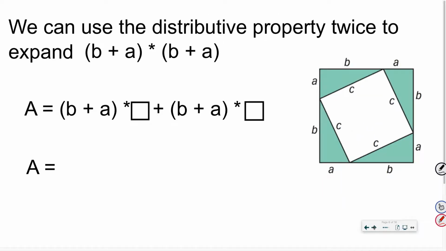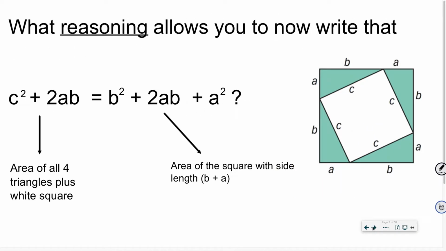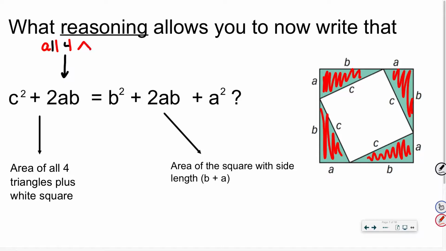We already did that. So, if I expanded this, we just did that. Now, we said that the area of all four triangles was 2AB. So this is all four triangles. And then we said that C squared was the white square.